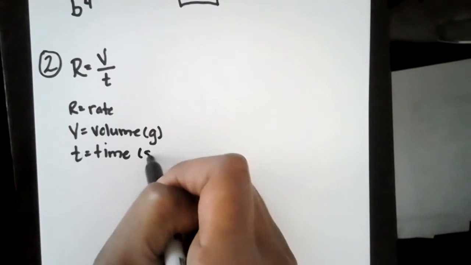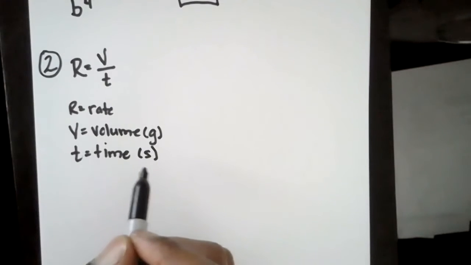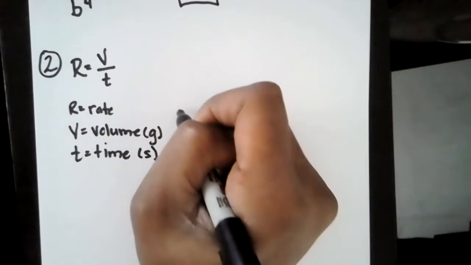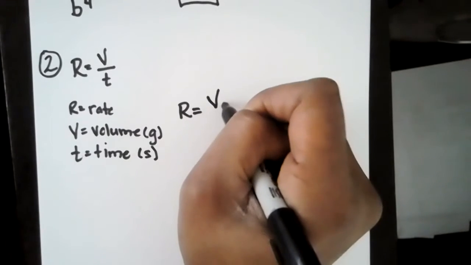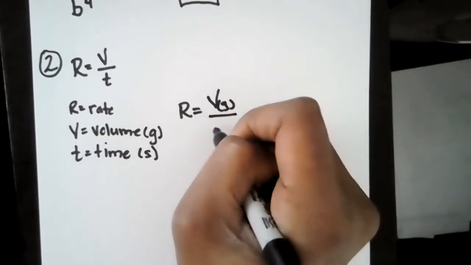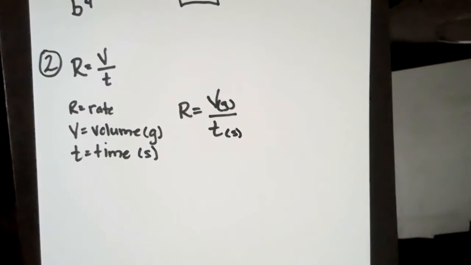In this case, in seconds. So you want to make sure you put the S next to the time so that you know it's being measured in seconds. So what that looks like is you have your rate is equal to V (G) over T (S).